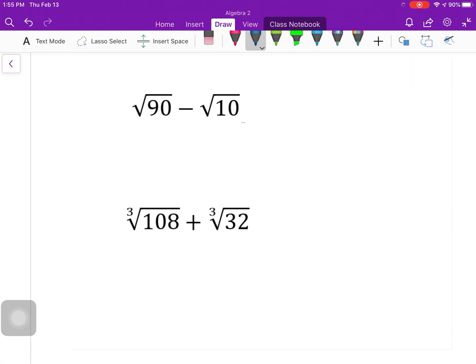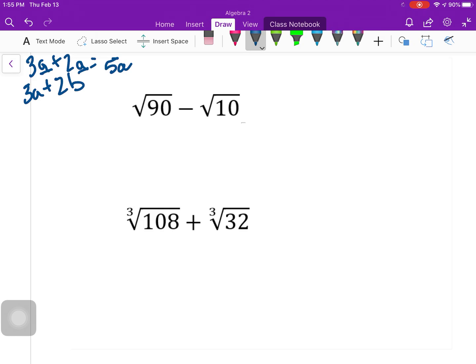Now, when I add and subtract, the only way I can combine them is to have like radicals. For example, 3a plus 2a would be 5a, but 3a plus 2b cannot combine anymore. So just like you need the same variable, when you add and subtract radicals, you need the same radical.